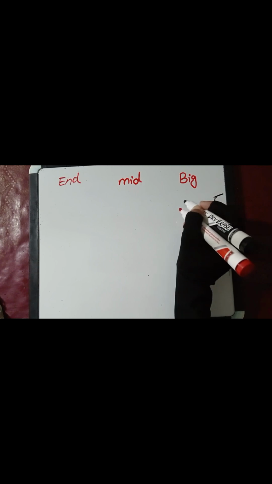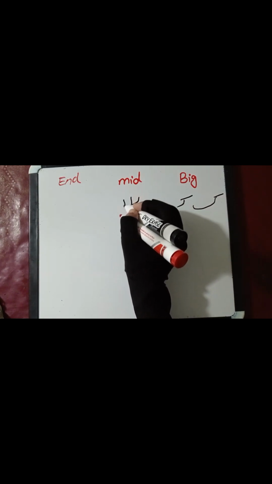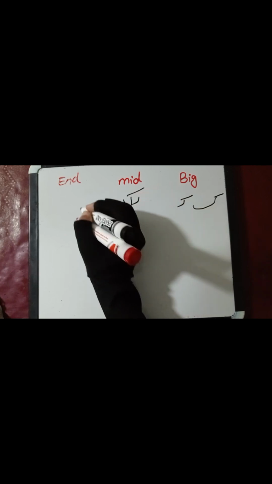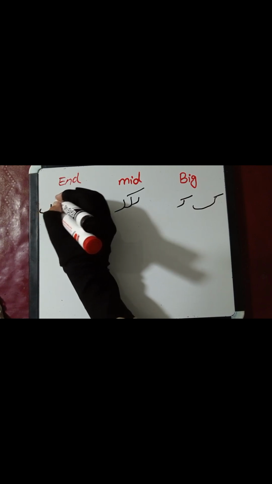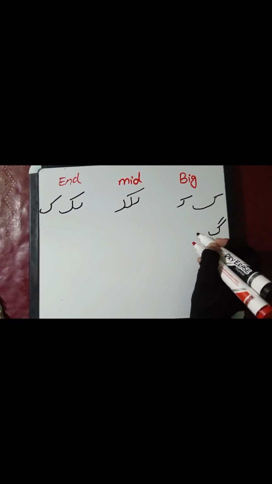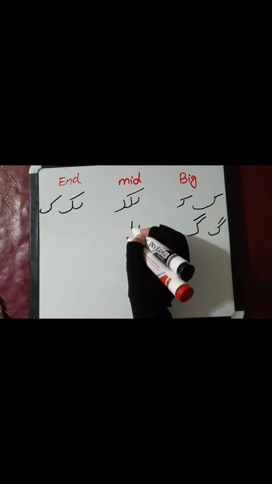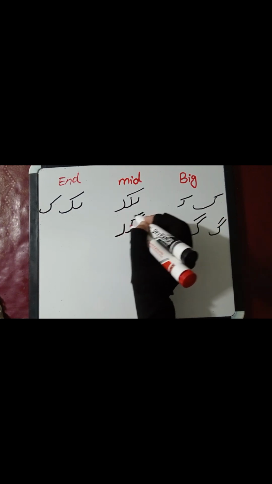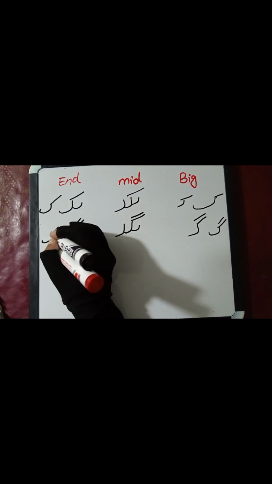Kaf, the beginning shape, in the middle with two connectors, in the end sometimes with one connector and sometimes without connector. Gaf, same like with kaf, beginning shape, the middle shape with two connectors, in the end sometimes with one connector and sometimes without connector.